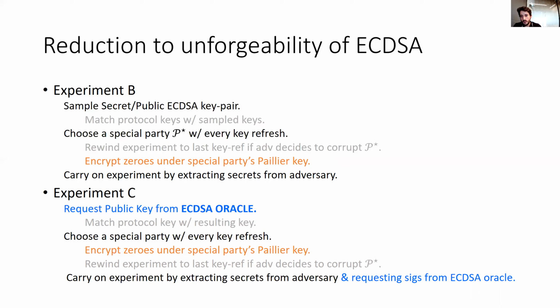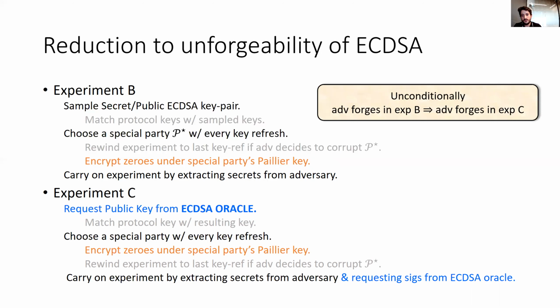From the adversary's point of view, experiments B and C are actually identical. And it follows that if the adversary forges signatures in experiment B, then the adversary forges signatures in experiment C also. And since the latter is the existential forgery game for non-threshold ECDSA, we arrive at a contradiction.